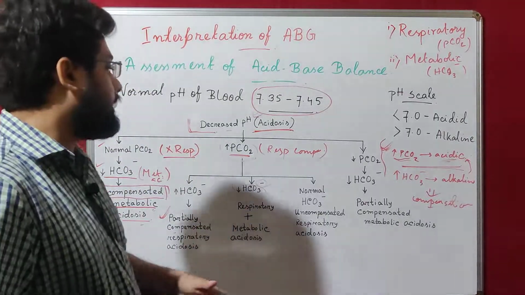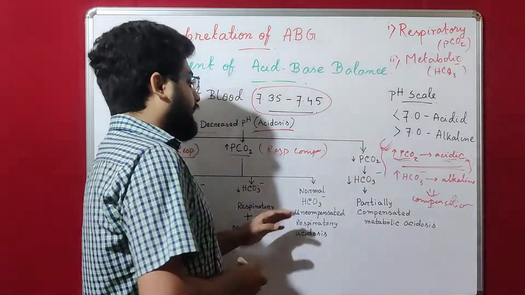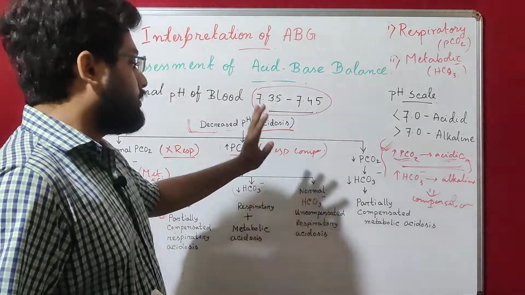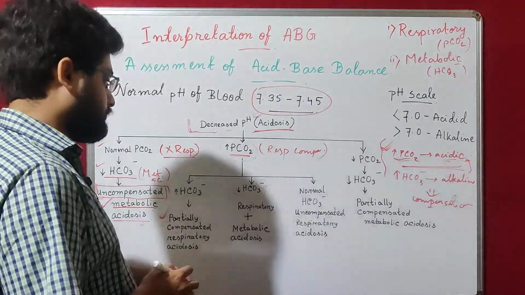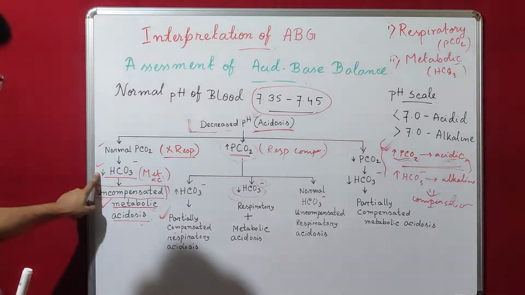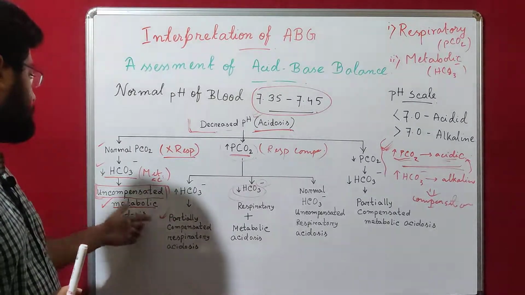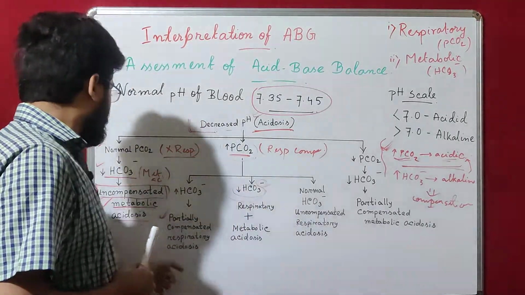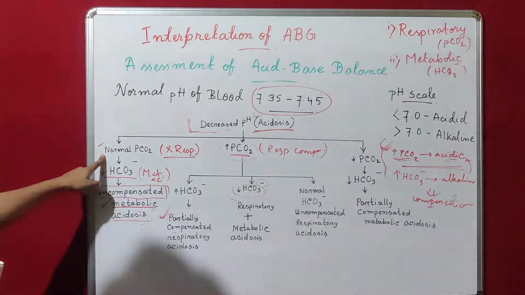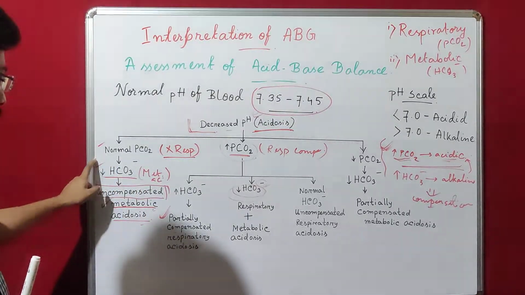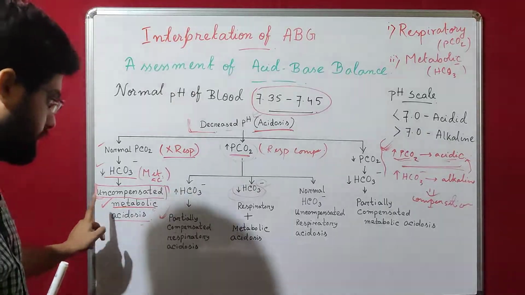And the third and last chance is that the bicarbonate ion concentration is not changed, it is just normal. Like that, here bicarbonate ion was decreased, metabolic acidosis was there, but PCO2 level was normal. So no effort of the body to counteract the metabolic acidosis by the respiratory component, so uncompensated metabolic acidosis.